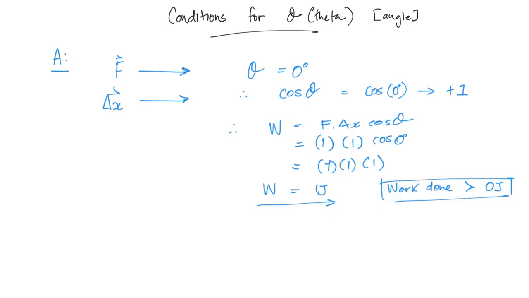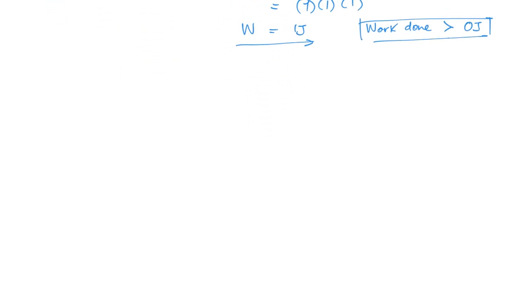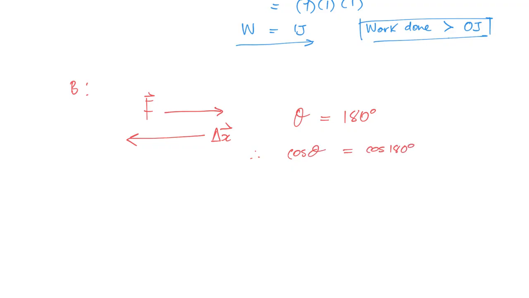Right, the second condition you look at, condition B. Condition B is if the force is going in this direction, but the displacement is moving in the opposite direction, then you have a situation where your theta value is equal to 180 degrees. So cos theta is equal to cos 180 degrees, and I'm actually going to get negative 1.